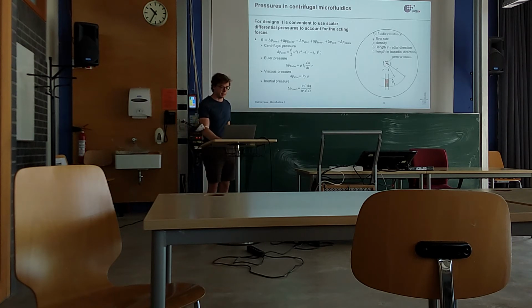In case of the sea level, if you work with the gravity field, it's a linear dependence, so you have a linear rise which scales with the gravity force. In our case, in the centrifugal microfluidic world, it's to the power 2. So the bigger the distance here, the stronger your centrifugal pressure will be.